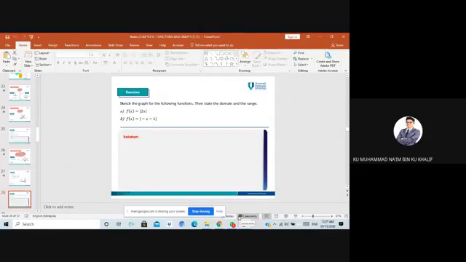Okay. Function for x, 2x, 4. Two x less than 0. So your graph will be... range.